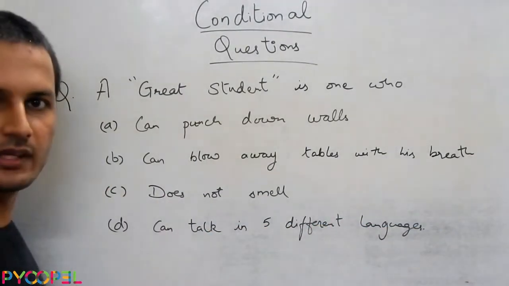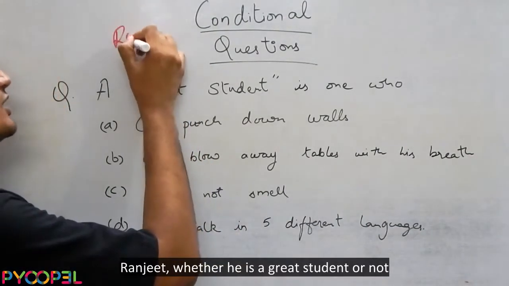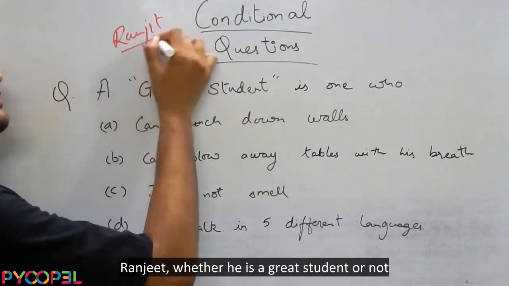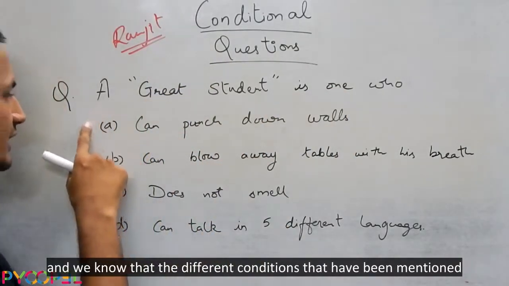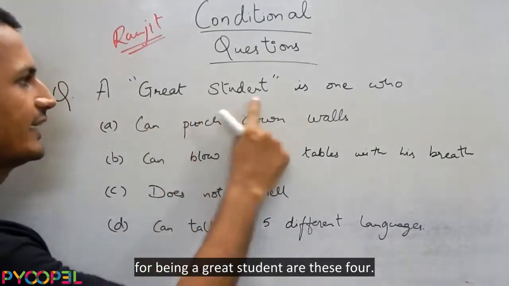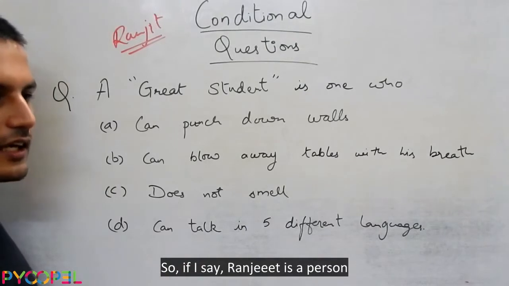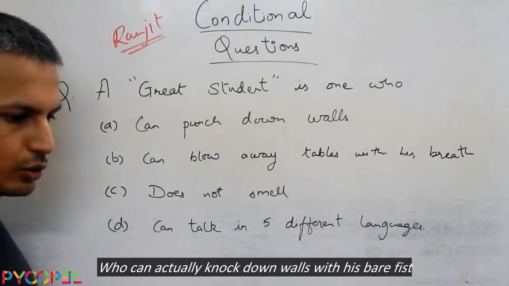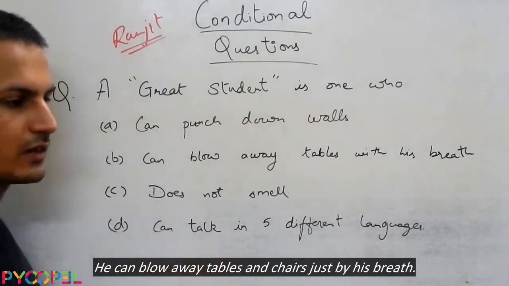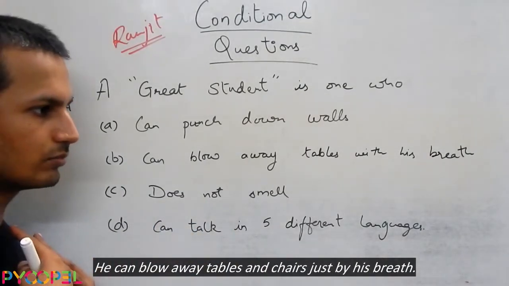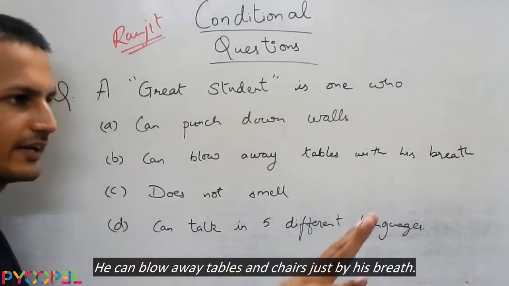Now, if I were to say that you have to test Ranjit whether he's a great student or not, and we know that the different conditions that have been mentioned for being a great student are these 4. So if I say Ranjit is a person who can actually knock down walls with his bare fist, he can blow away tables and chairs just by his breath.